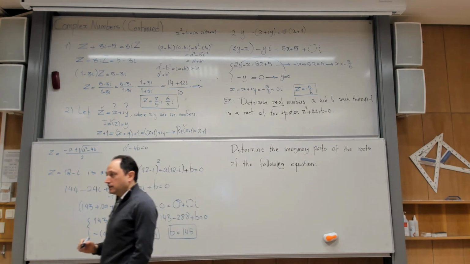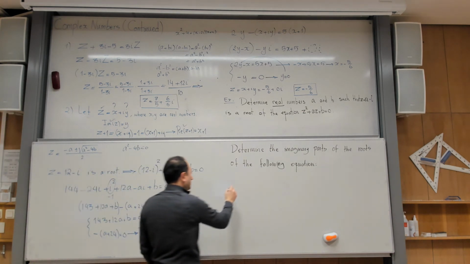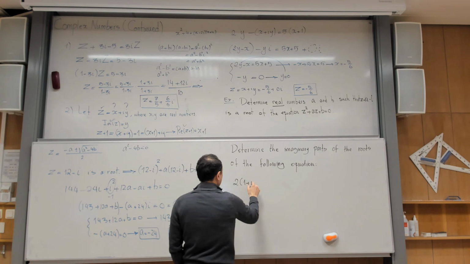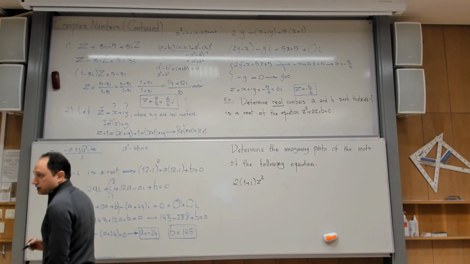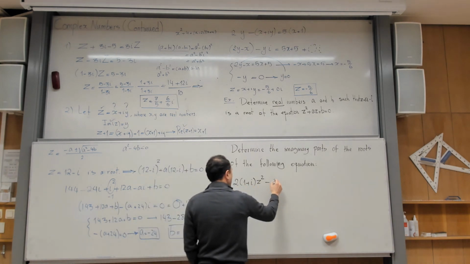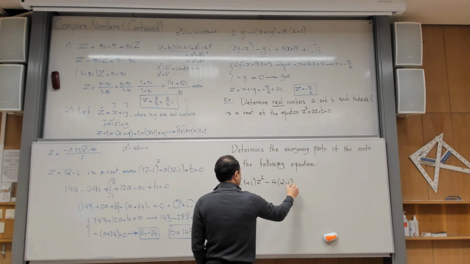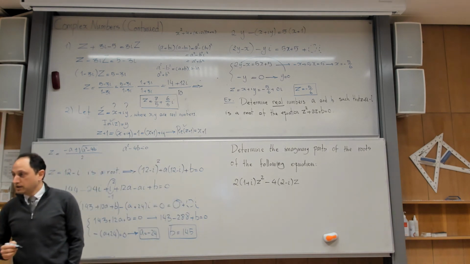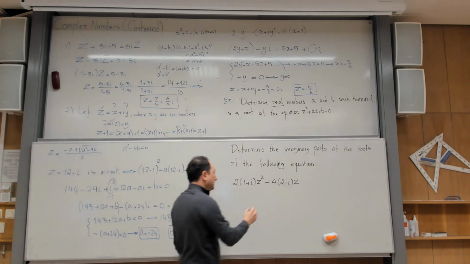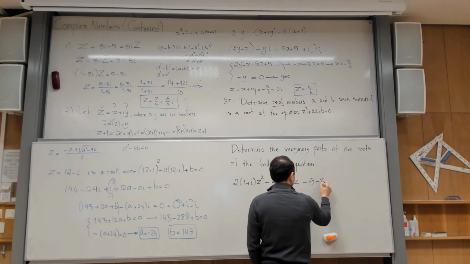The equation is 2 times (1 plus i) z squared, and then minus 4 times (2 minus i) z, and then minus (5 minus 3i). Hopefully everything is right.